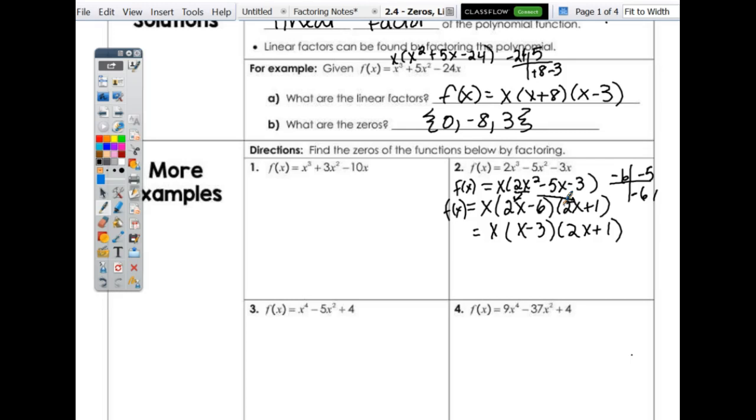Do you see or no? Okay. So once it's factored, if I set it equal to 0, that's how I'm going to get my roots. So my roots are 0, 3, and then a -1/2.